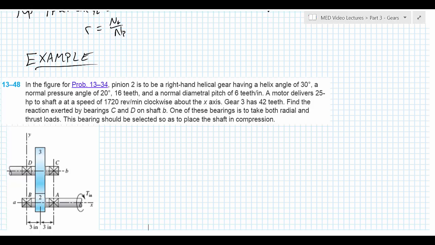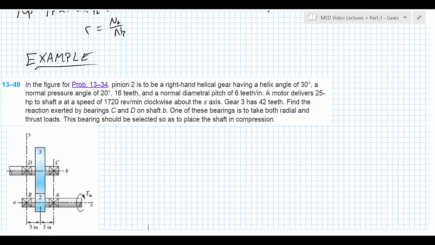A shaft in compression does not fail as often. If we've got bending loads that cause tension, things tend to fail in tension, and then we add to that more tension from our thrust load, we're working against ourselves. It would be better to put that thrust load so the shaft is in compression and get more strength out of our shaft that way, or counteract some of the tension due to bending.